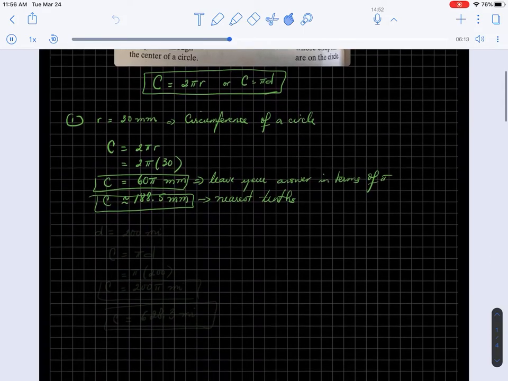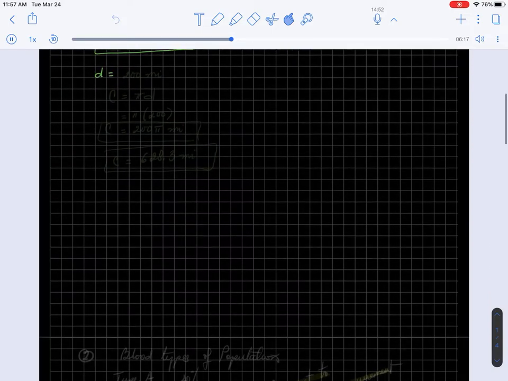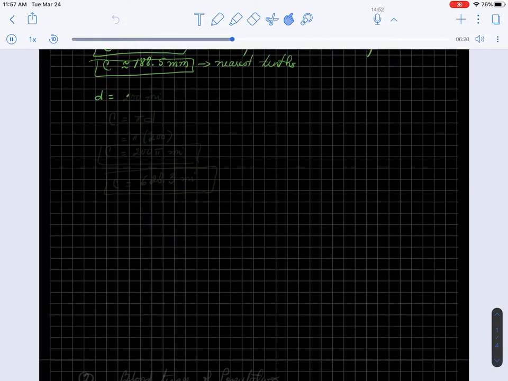Okay, let's say that I want to give you the value of a diameter. Let's say the diameter is 200 miles, and your job is to find the circumference. So the circumference formula I'm going to use here is pi times diameter. The diameter in this case is 200. It's the same thing as 200 pi miles.